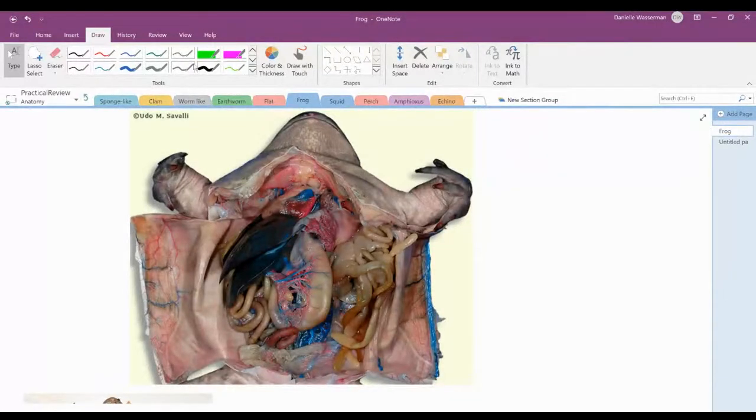And while you are looking, I'm going to draw some margins for you. This has one name.